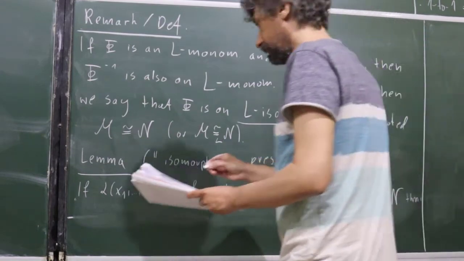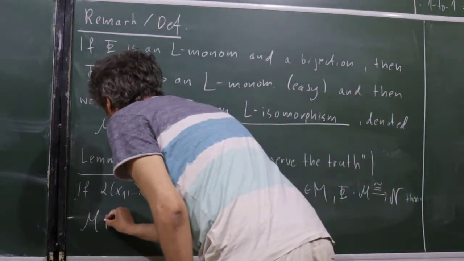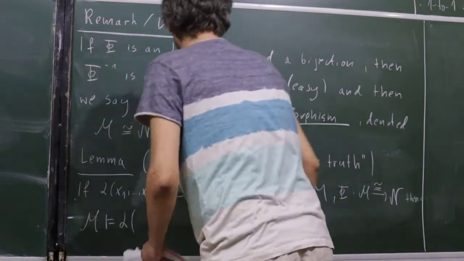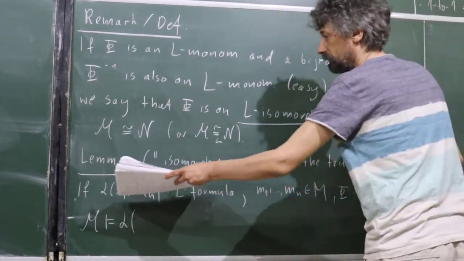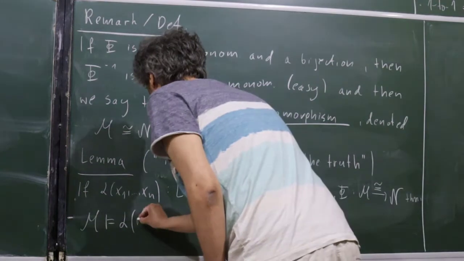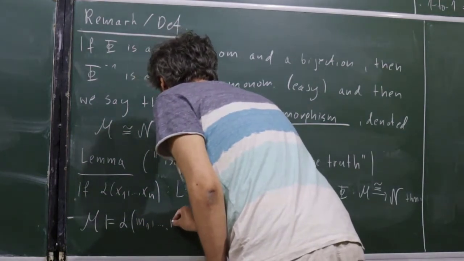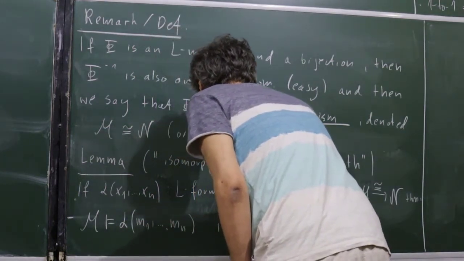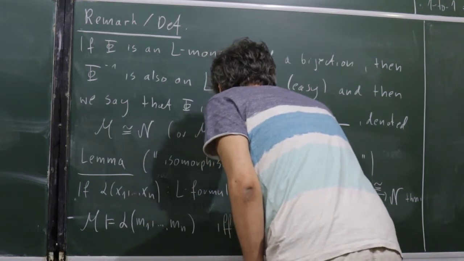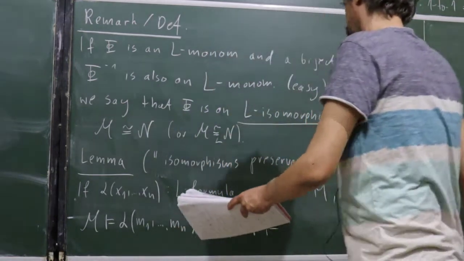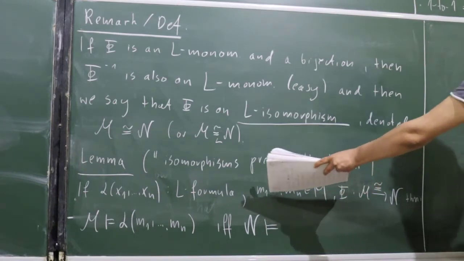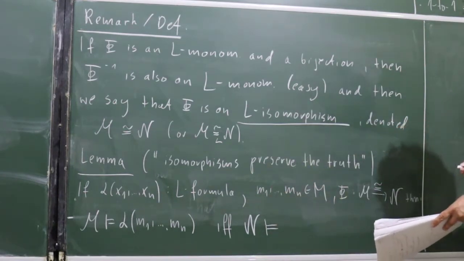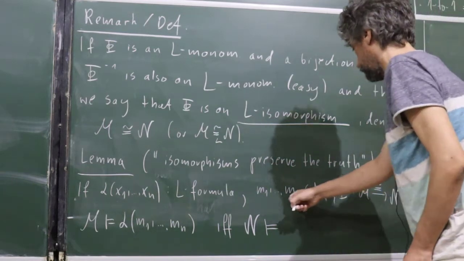So alpha, after we plug m1, ..., mn for these free variables, holds in M if and only if the same happens in N after we put psi of these parameters.